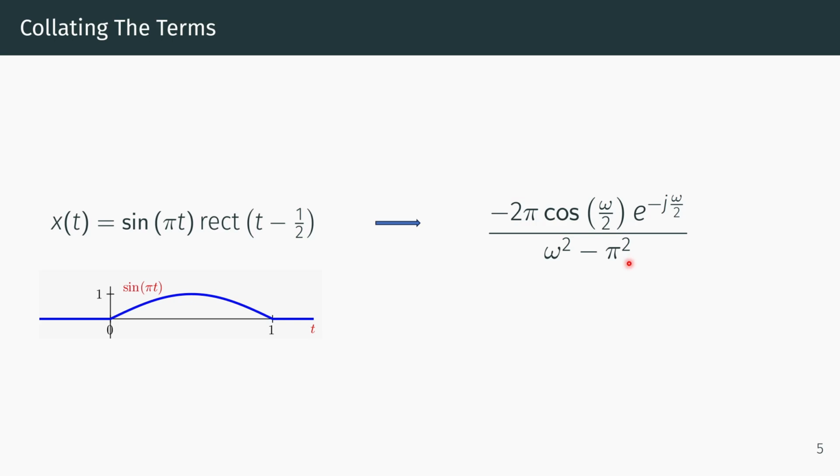Okay, so in this video, what did we study? We learned how to apply time shifting and frequency shifting properties of the Fourier transform to solve a problem in a step-by-step manner.